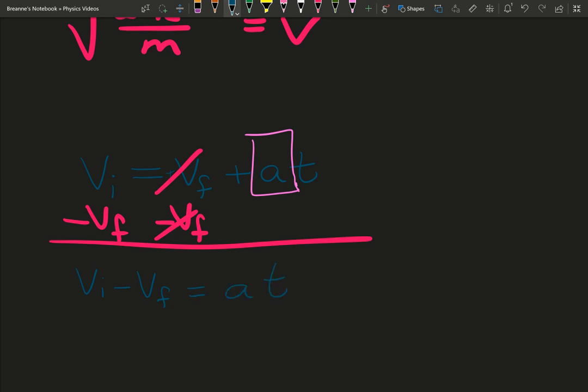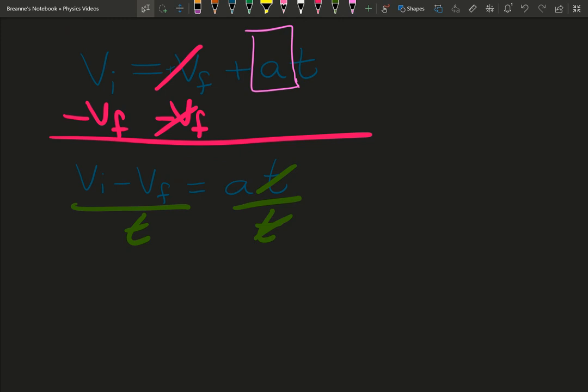Now we can divide by the t. What we do to one side, we gotta do the other. That t divides, and we're left with VI, whoop, not a plus, no, bad, minus VF over t equals A.